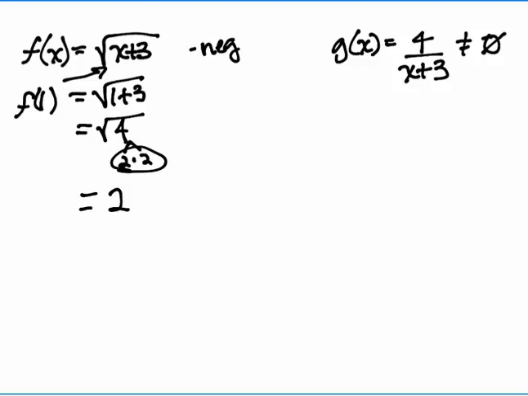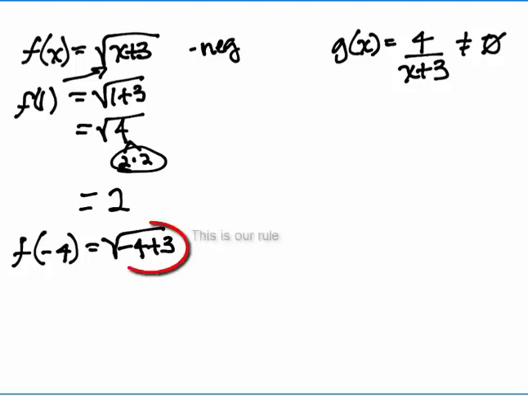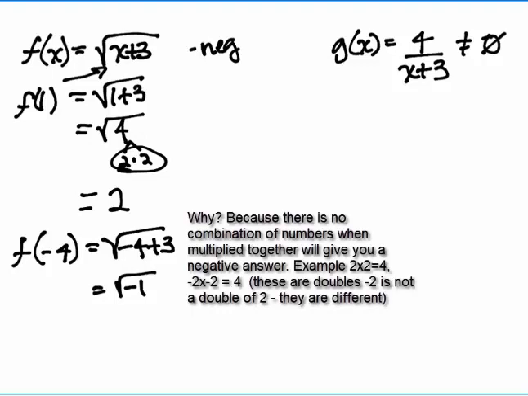Let's try another. f of negative 4 is equal to the square root of negative 4 plus 3. Do the math inside. We end up with a negative 1. Remember, you cannot have a negative 1 inside a radical.